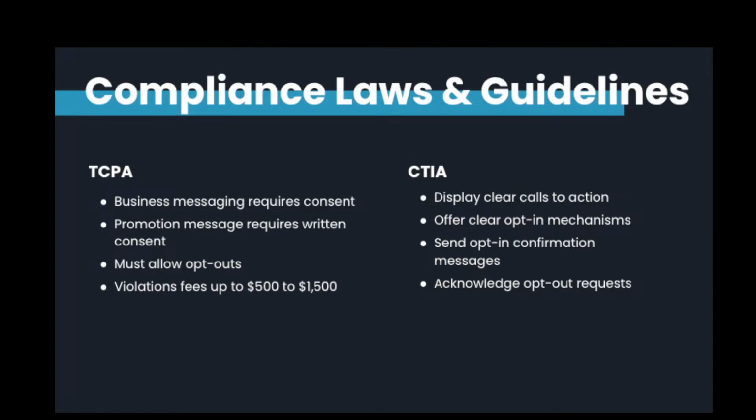An opt-in mechanism can be as simple as a checkbox on the website or as complex as a two-step verification, or even in some instances double opt-in. Send an opt-in confirmation. For recurring messaging programs, the confirmation message must include clear opt-out instructions. What this means is that the customer must be able to easily opt out of receiving messages. And then acknowledge opt-out requests.